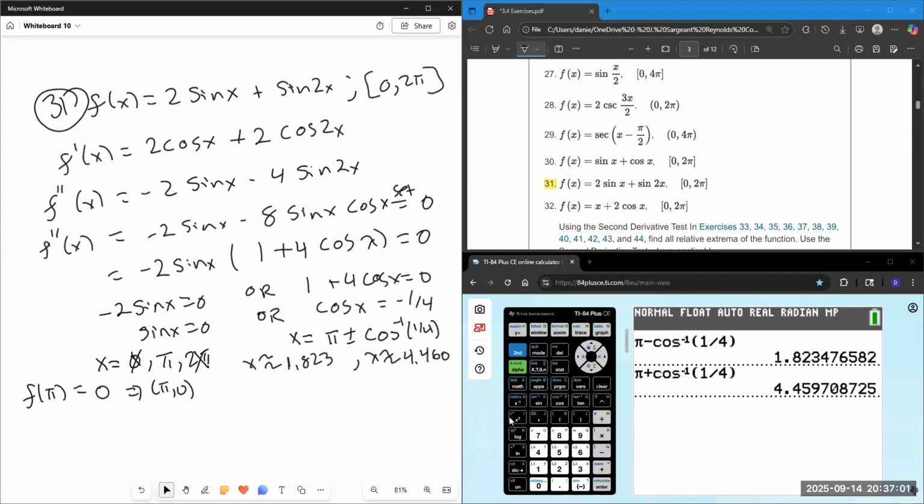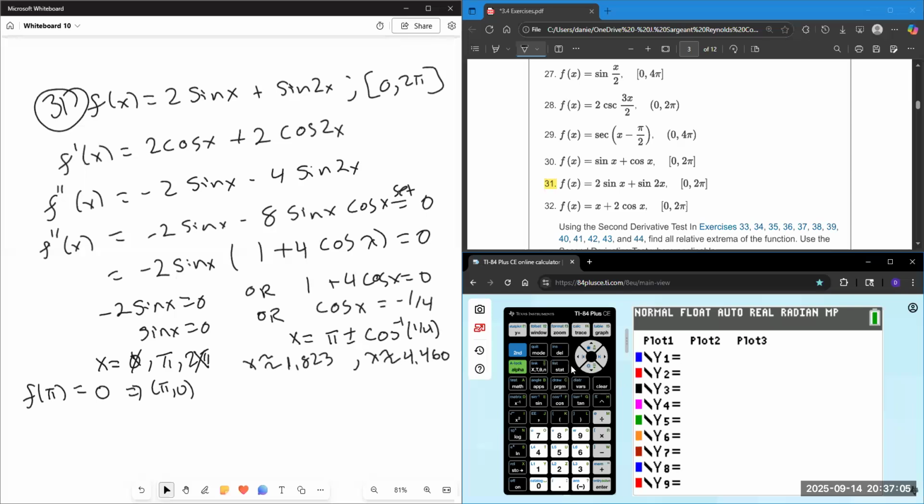Let's go in here and say the second derivative is negative 2 sine x times 1 plus 4 cosine x, like that.